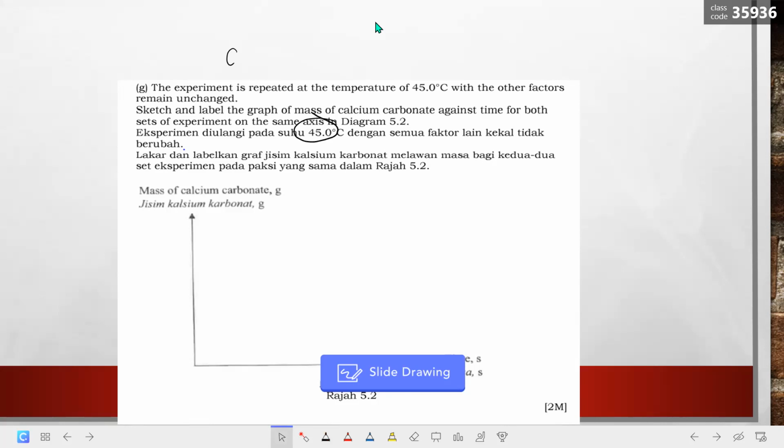Wow. Anyone coming? I can see someone. Okay, Zahi is here. Okay, Zahi. Didn't read the question. Is the mass of calcium carbonate, calcium carbonate reactant or product?